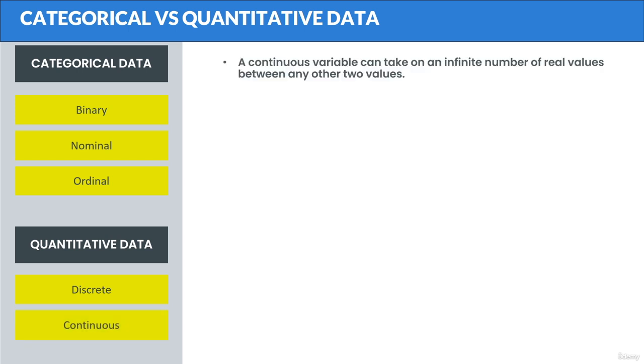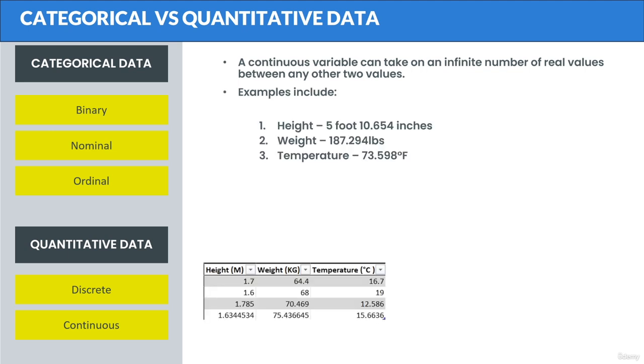Continuous variables differ in that they can take on an infinite number of real values between any 2 other values. To illustrate this, height, weight, and temperature are all good examples, as in theory, we could go to any level of precision with these.